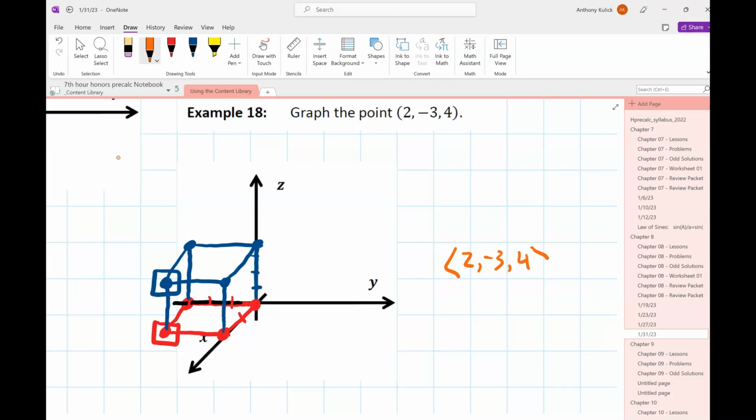What if instead we had asked you to graph the vector 2, negative 3, 4? Nope. We just have to do one more thing. An arrow from the origin to the point. That's it.